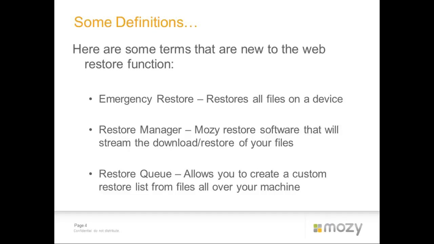Generally you would only use this option when you want to get all your files back, for example when you're moving to a new machine, or your old laptop or desktop has died, or even if it has been stolen. You're restoring all your files because you want them all back, so it would be the emergency restore process.